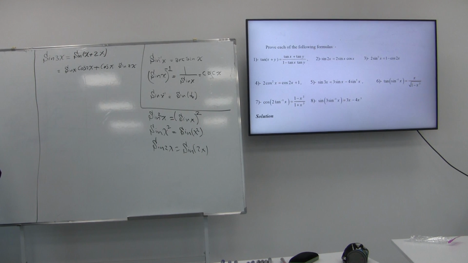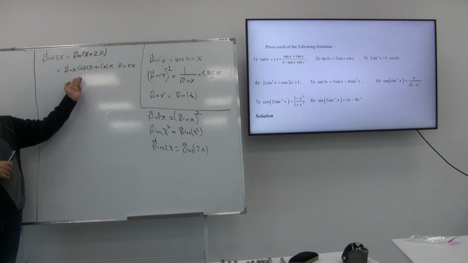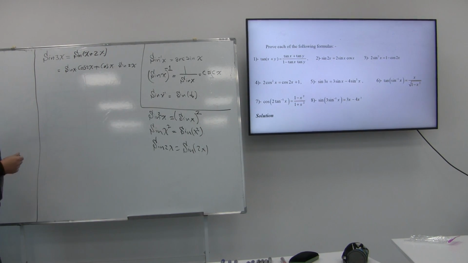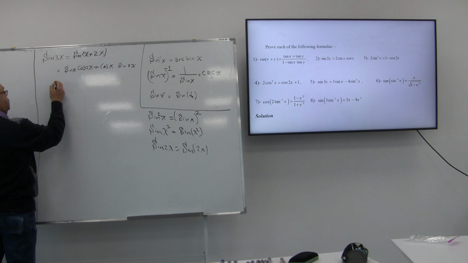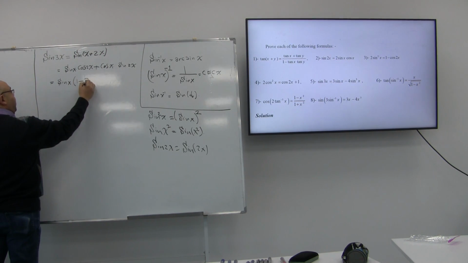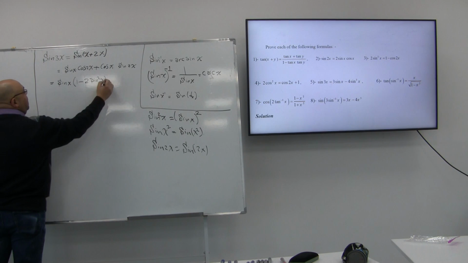But I don't want to see cosines. I have one of the rules that can change cosine 2x in terms of sine x. Hazan, do you remember it? Yes, you are correct: 1 minus 2 sine square x.